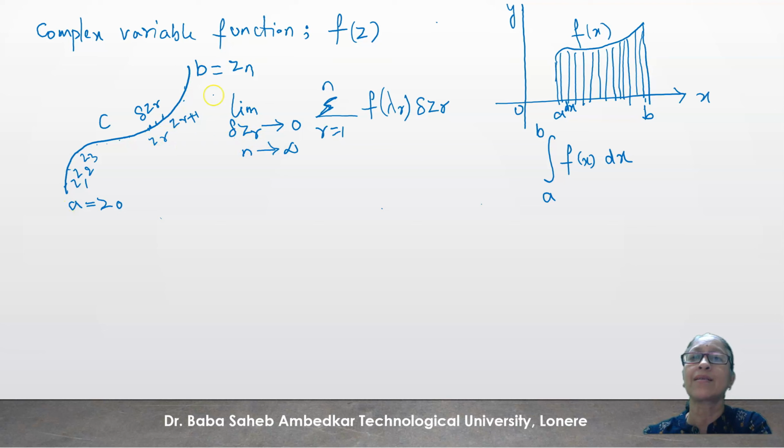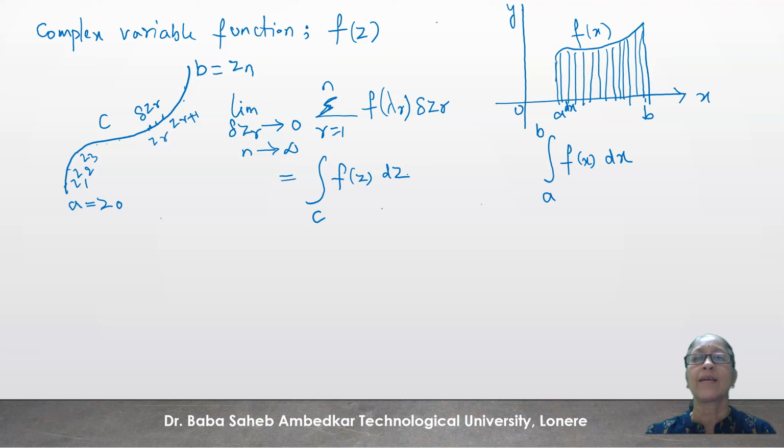That means if the number of points tends to infinity and the distance between two points becomes 0, then this curve becomes a smooth curve. Then this summation of f(lambda r) delta Zr becomes a continuous sum. So we represent a continuous sum by an integral. So you can represent this summation by the integral over C of f(z) dz.